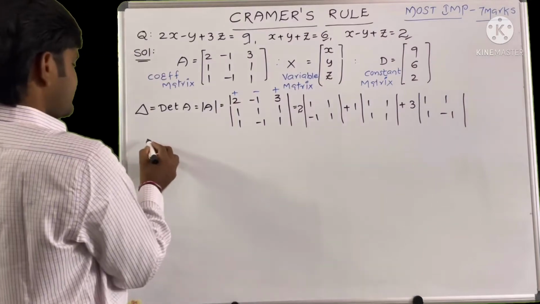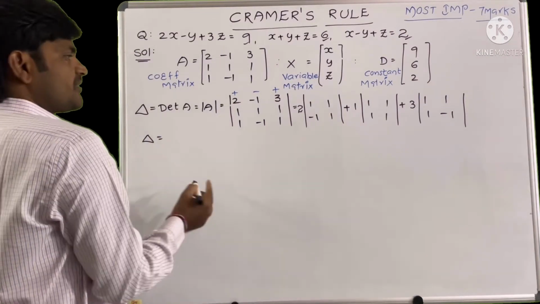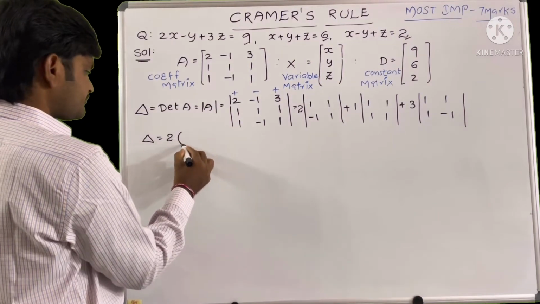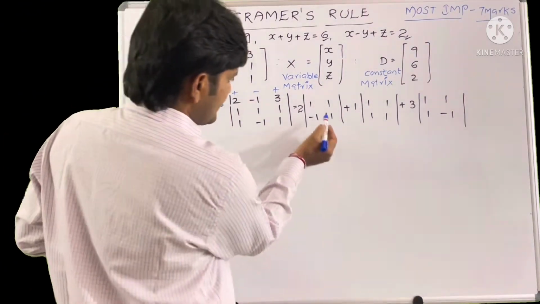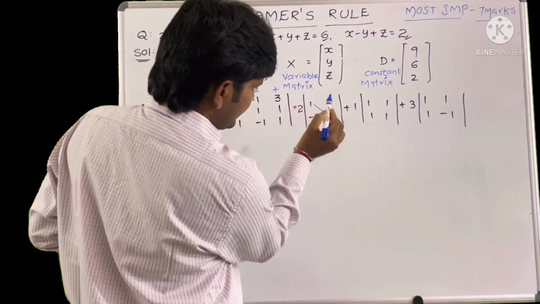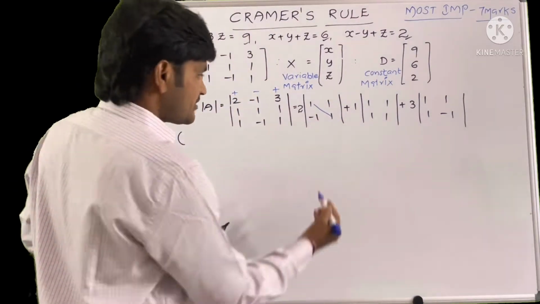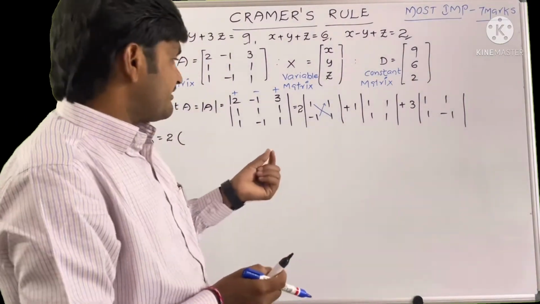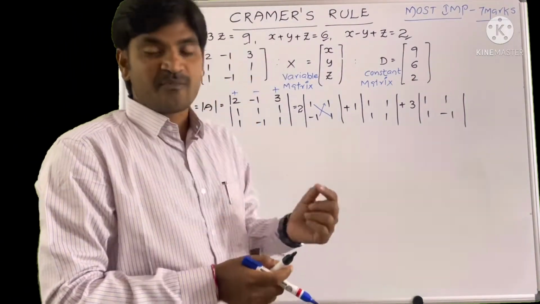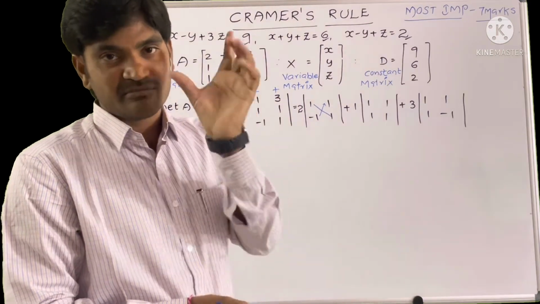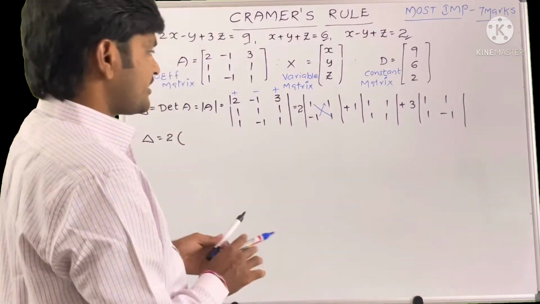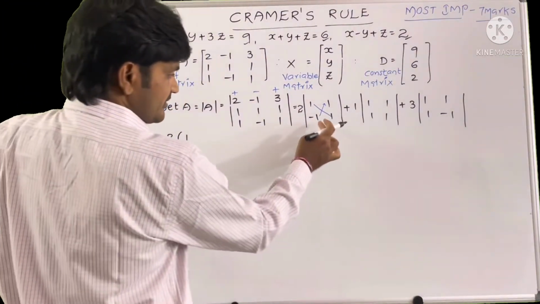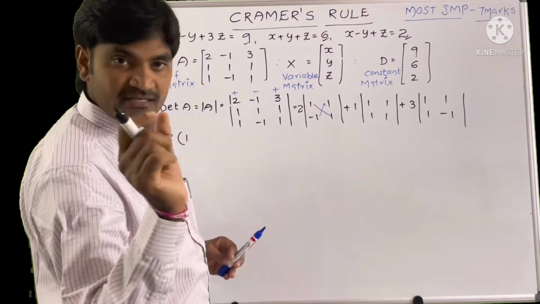Right? So that delta equal to, first of all, this simplification is 2 into 1 into 1. After that, down to up. Whenever we move from down to up, we use an extra symbol, a minus. So that 1 into 1 is 1. Reverse down to up, extra minus comes.